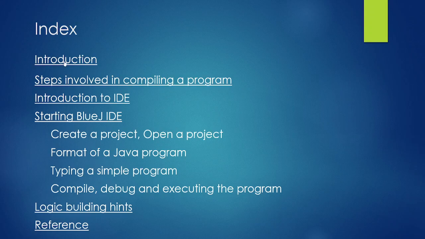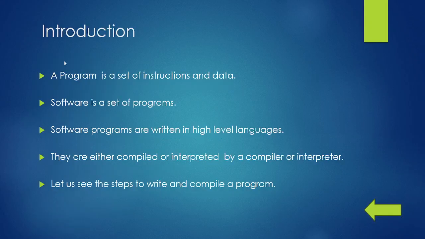Now, let's start. A program is a set of instructions and data, and software is a set of programs, which we already know. Software programs are written in high-level languages like English.